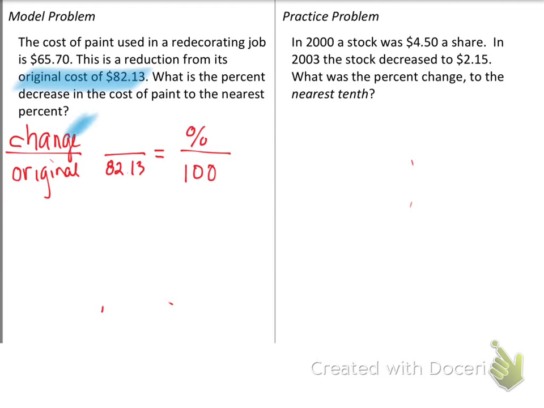The change, you have to subtract the original and your new one. So since when I subtracted 82.13, 65.70, that gives me 16.43. So the amount of change is $16.43.